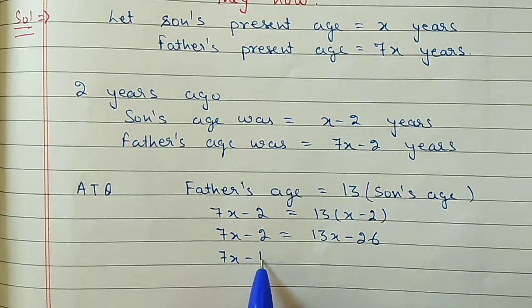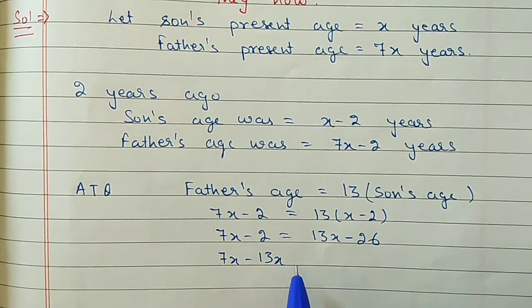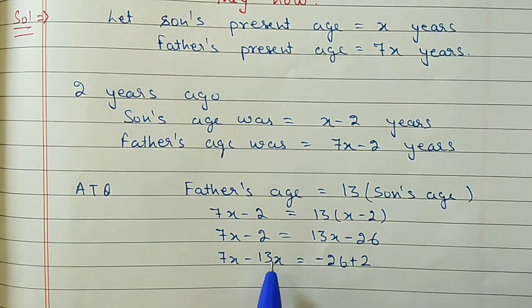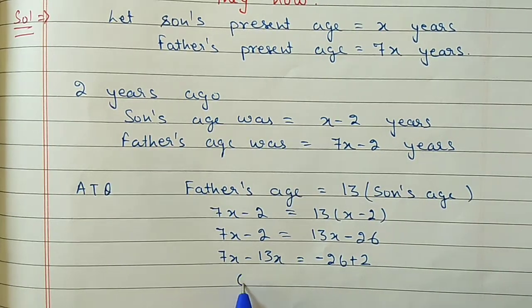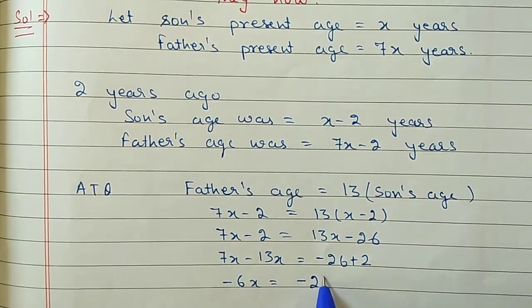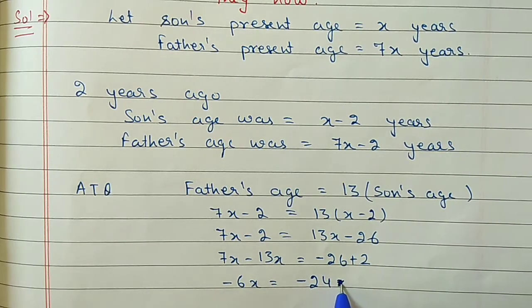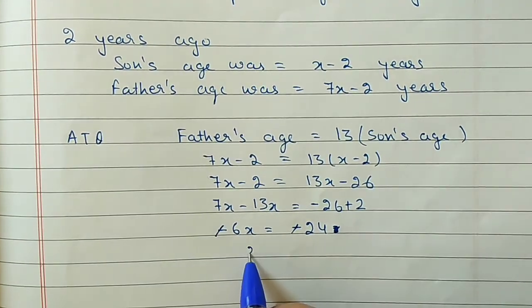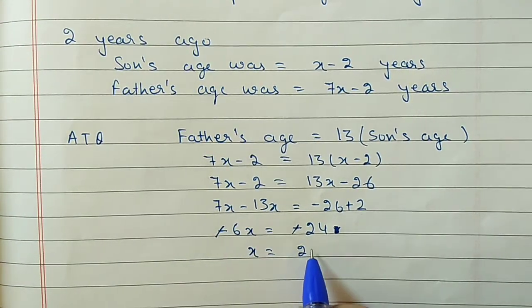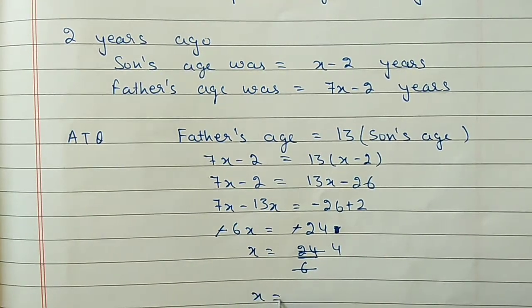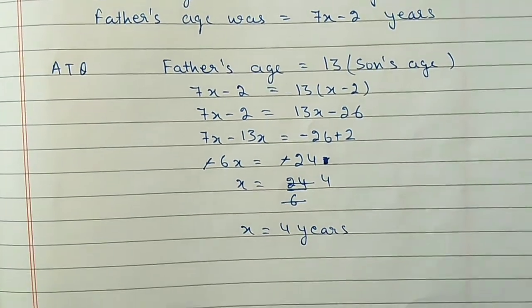7x minus 13x. 13x we can shift here, and minus 26 plus 2. So 13 minus 7 we will get 6x is equal to 24. Minus 6x is equal to minus 24. So minus to minus we can cancel, and 6 we can shift to the other side. We will get 24 by 6 means 4. So son's age is 4 years. Now we have to find out the father's age.